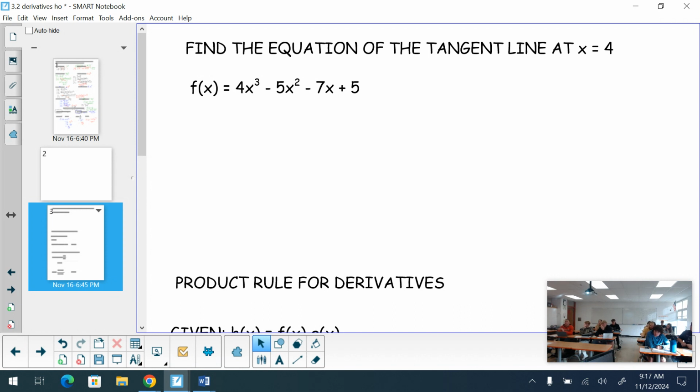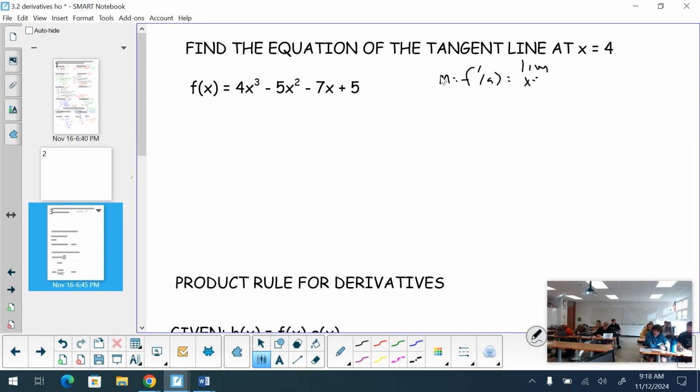Which now leads us into this problem, a typical problem we've done already. I want to find the equation of the tangent line of this function at x equals 4. Well, what we have done up till now is we found the slope of the tangent line by dealing with the value of our derivative at a value of a, which is the limit as x approaches a of f of x minus f at a over x minus a.